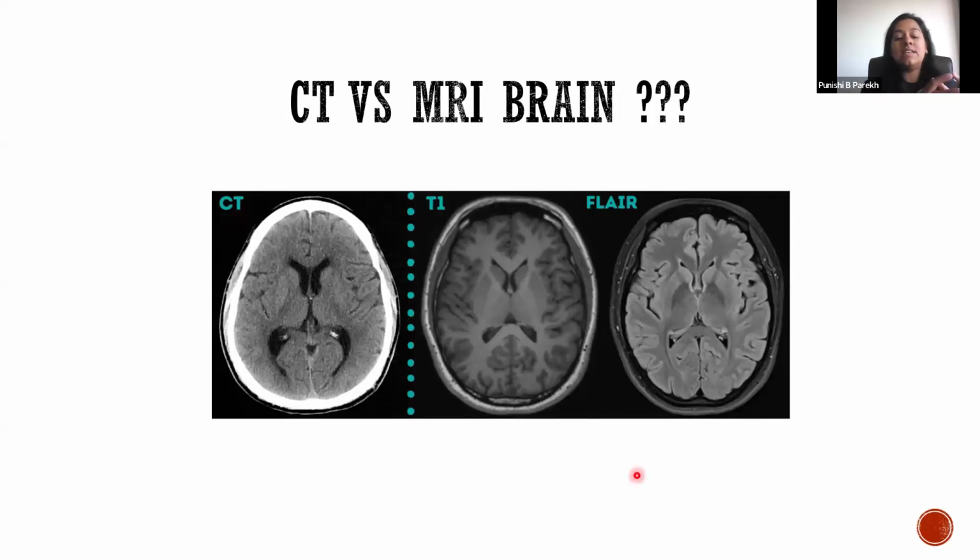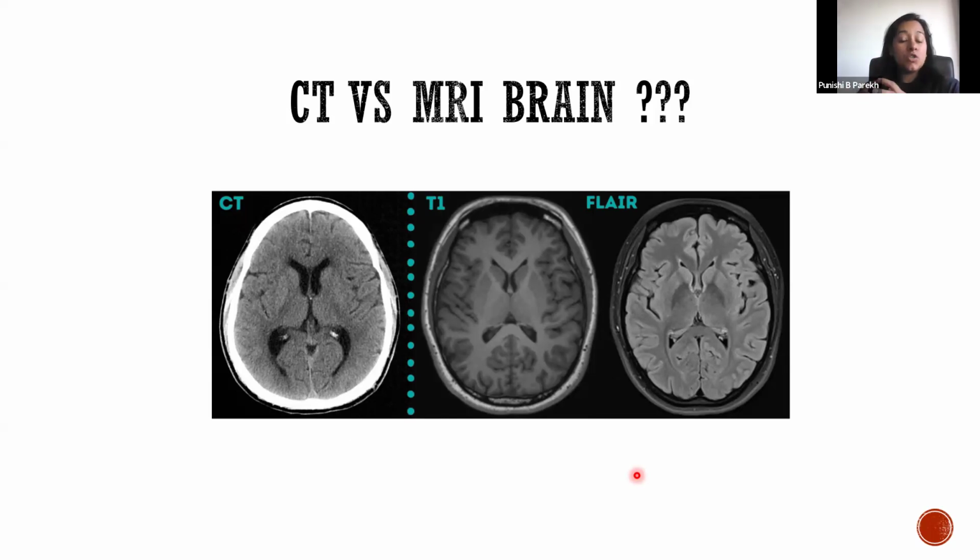So basically a CT scan is used to see fractures or any skull pathologies or acute conditions like bleeding. Whereas if you want to study more about the brain tissue, the soft matter, then MRI is a better imaging modality. So if it's bleeding, fracture, or any acute pathology, then CT is the preferred option.